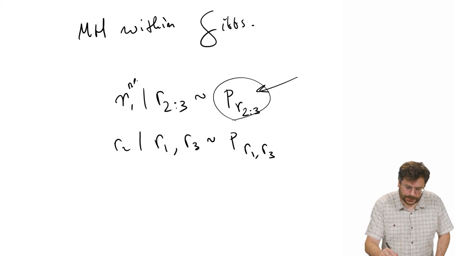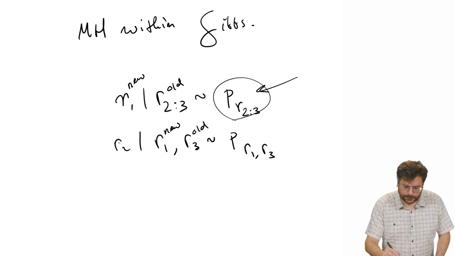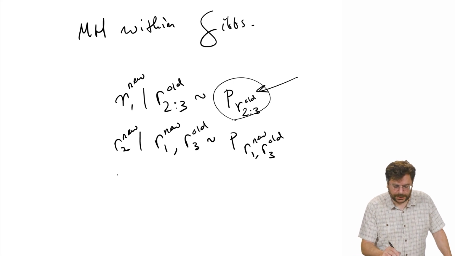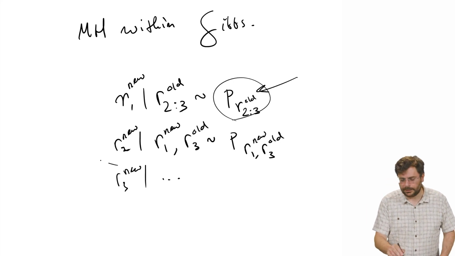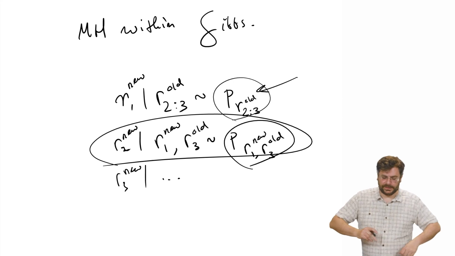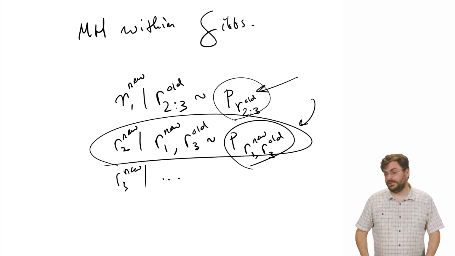So this would be new. This would be old. This now is new. This is old. This is new. So these guys are old. This guy is new. This guy is old. And so forth for R3. Maybe by the time we get to this step, I don't know how to construct this conditionally conjugate posterior. But guess what? I can potentially do Metropolis Hastings for that step.